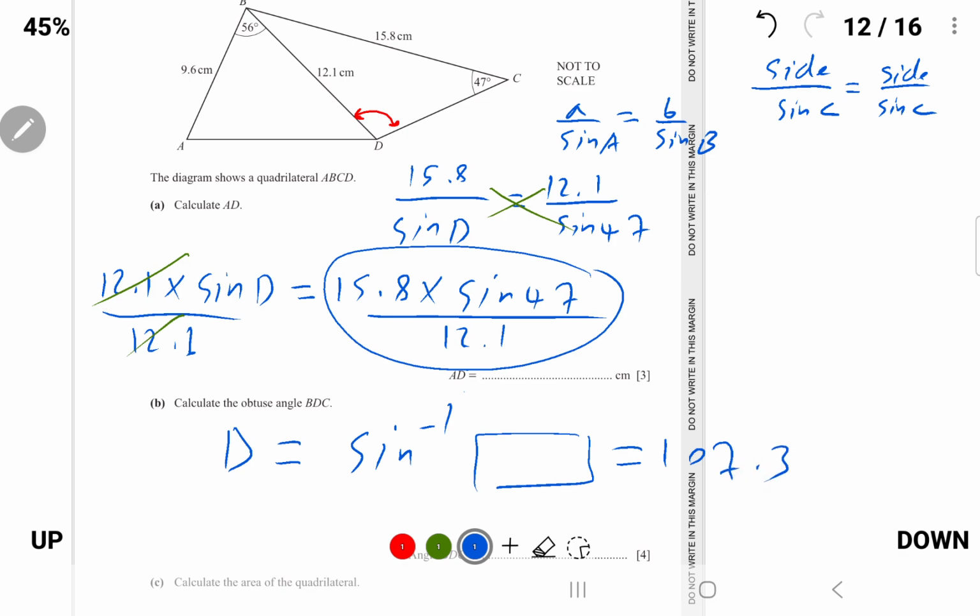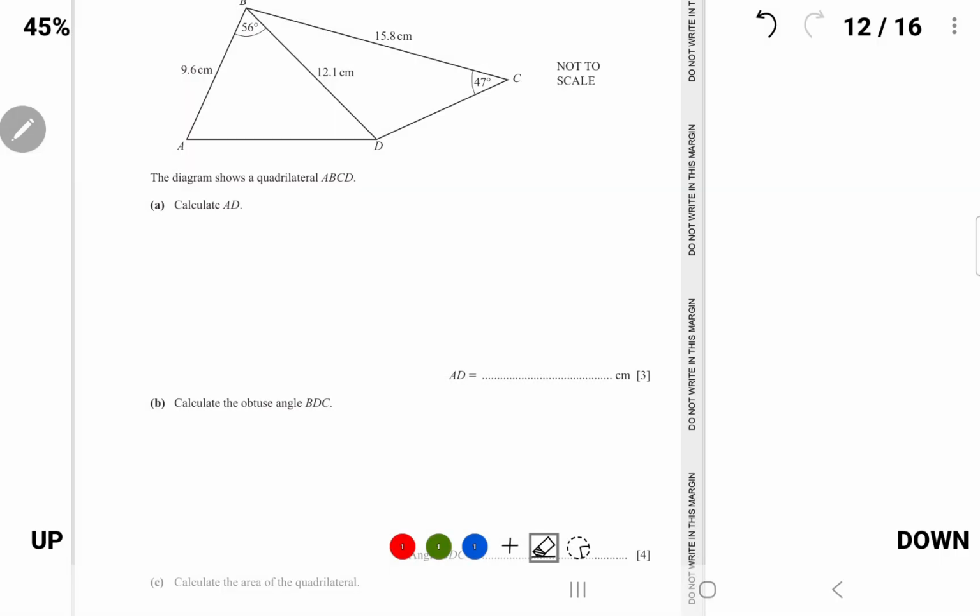So you go to the calculator and you do shift sine, then you get the answer. So the answer is 107.3. Okay, so now let's write it here, 107.3.